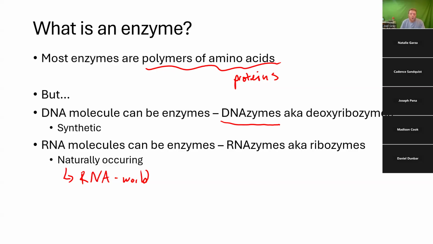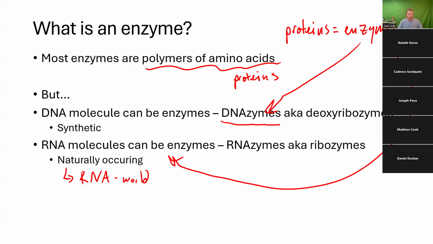Now, what we are primarily going to be focusing on is enzymes that are polymers of amino acids. So there's a time where I will use the terms proteins interchangeably with enzymes. I want to stress, however, that not all proteins are enzymes and not all enzymes are proteins because some enzymes are made up of DNA and some enzymes are made up of RNA.